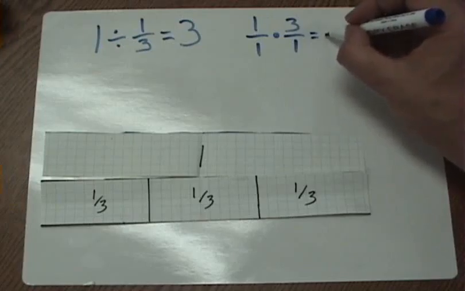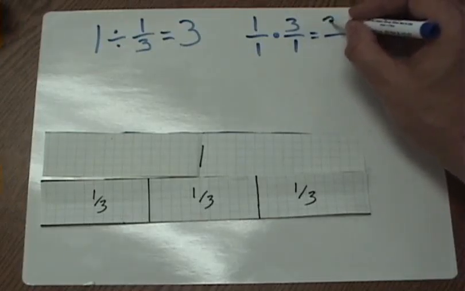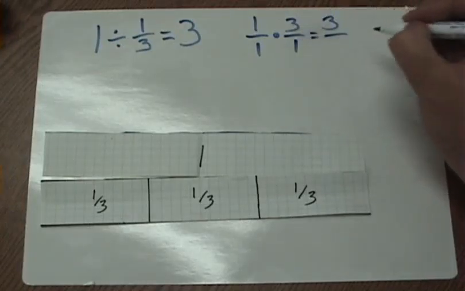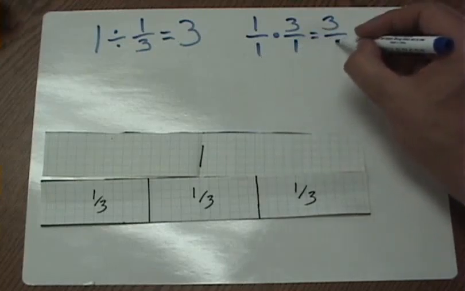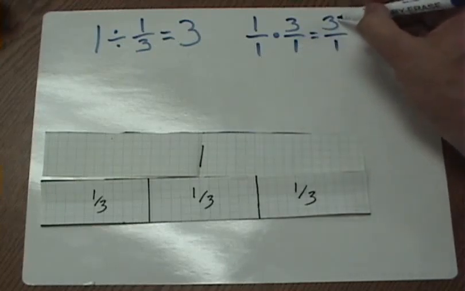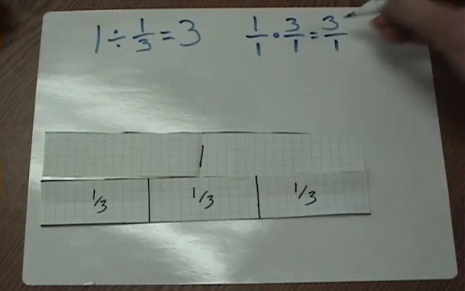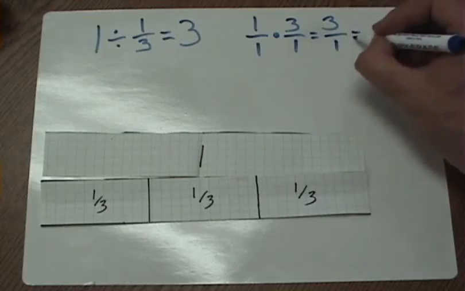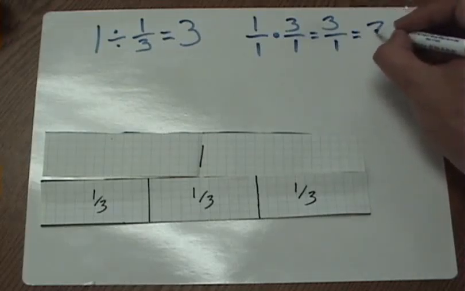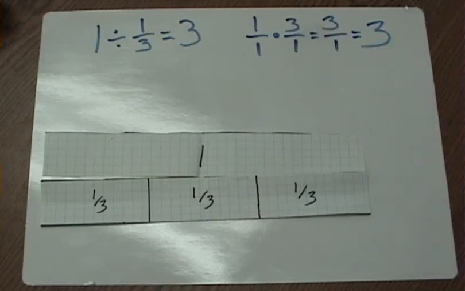If I multiply across, the numerator is 3 and the denominator is 1, and any number divided by 1 is itself, so 3 divided by 1 is equal to 3.